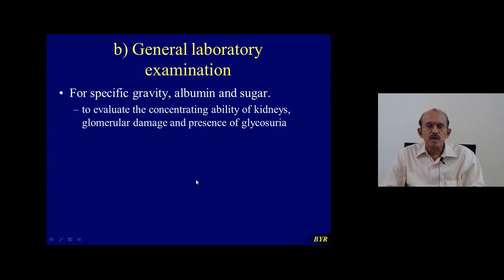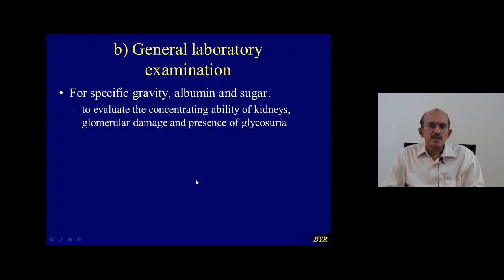So concentrated urine will be up to 1.020 and dilute urine will be 1.004. This is the concentrating and diluting ability of the kidney. A normal kidney has that function.